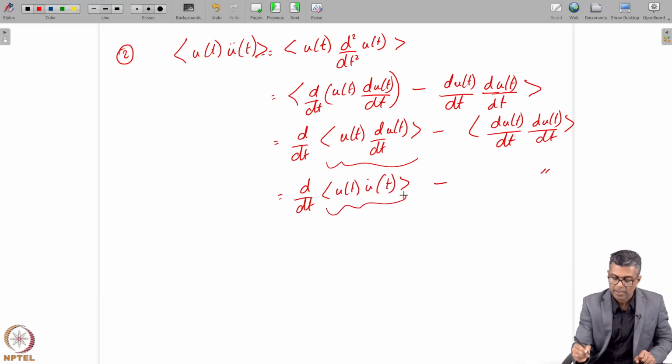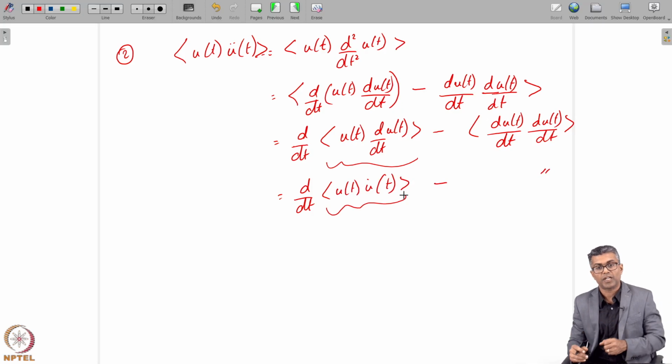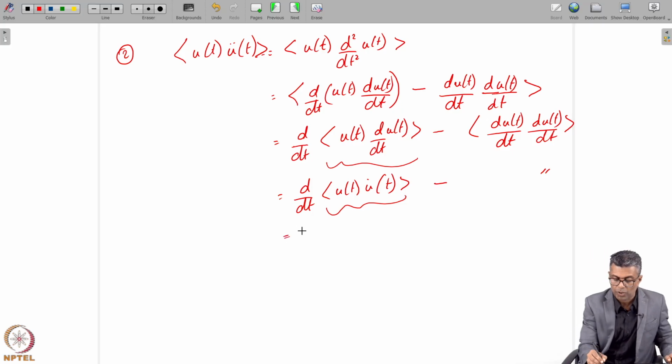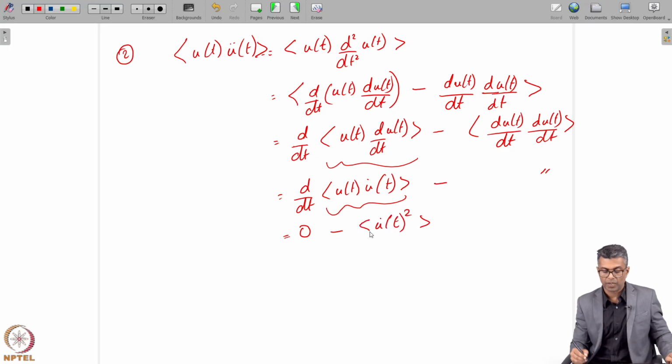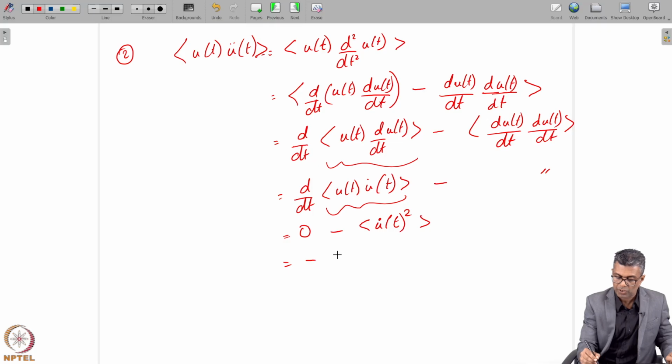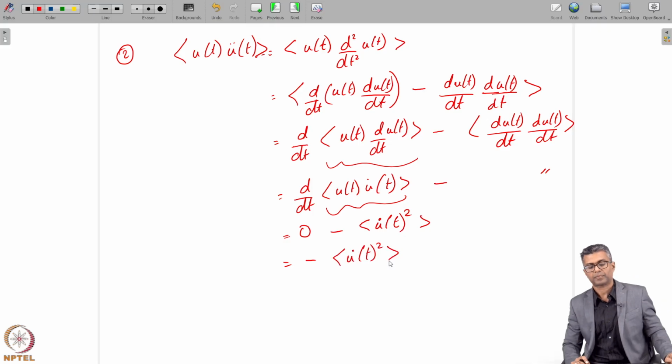This right here, u(t) and u dot(t), is uncorrelated as proved in the first part. So this is going to be equal to 0 minus, here you have the average of u dot(t) squared, isn't it? So what you have is minus the average of u dot(t) squared, isn't it?